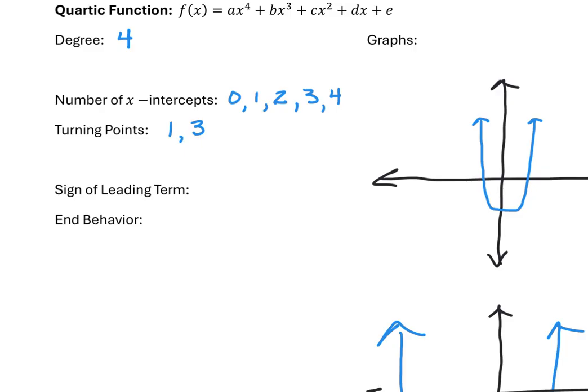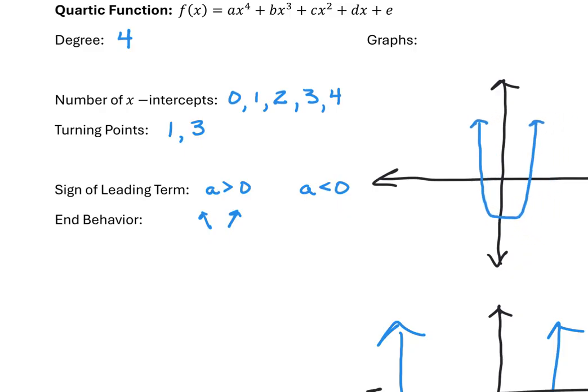Just like with our other functions, we do have a leading term that can be positive, or a leading term that can be negative. And so if it is positive, which all of the examples that I drew had a positive leading term, we are going to be up and up. Now we can take any of these pictures, and we can go ahead and flip it.